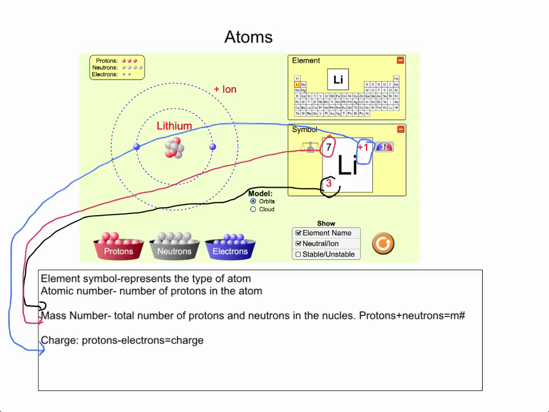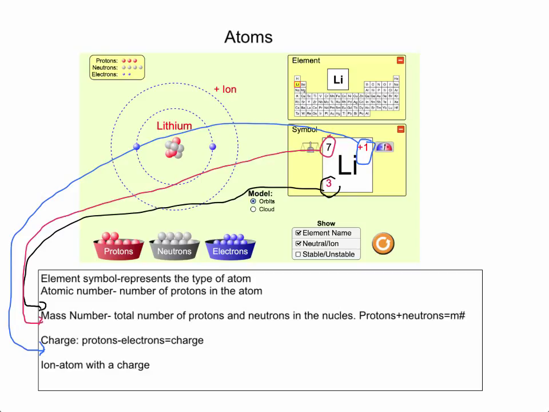A few terms that I mentioned while we were describing this term charge were ion and atom. What exactly is the difference? Well, an ion is just an atom with a charge.